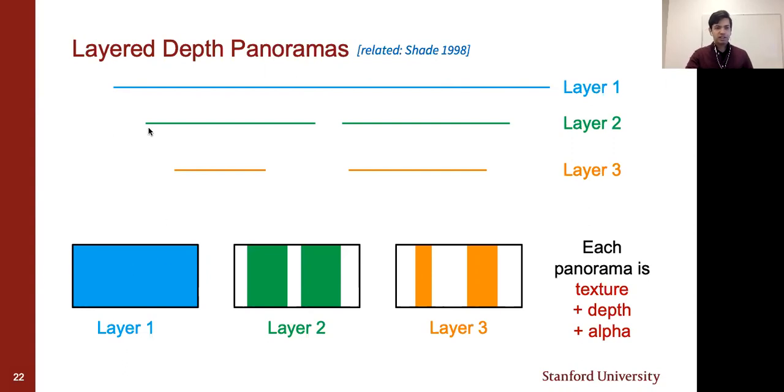And then everything that's directly in front of layer 1 gets saved in layer 2, and anything that's directly in front of layer 2 goes in layer 3, and so on. And this way we can essentially break the entire 3D scene into these layers, ordered by occlusion back to front. Note that each panorama is texture plus depth plus transparency.